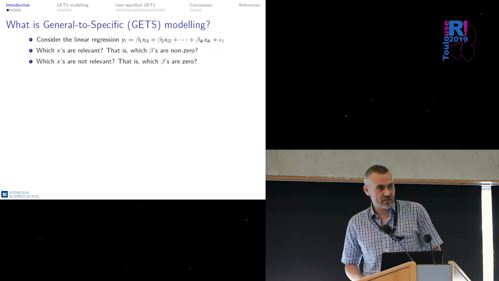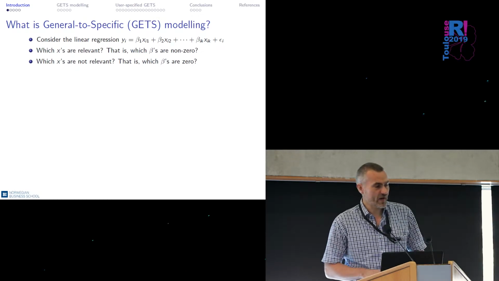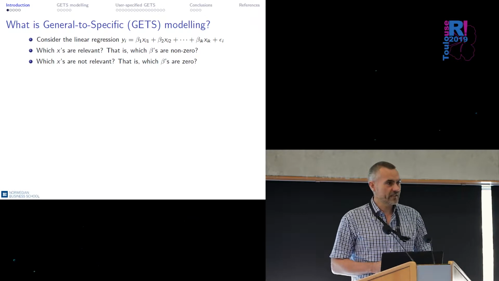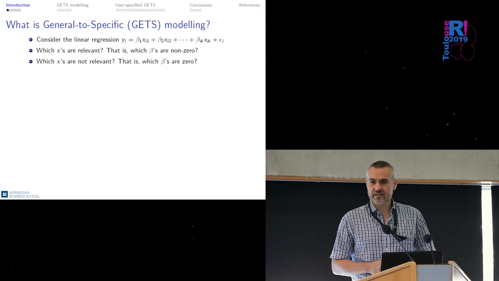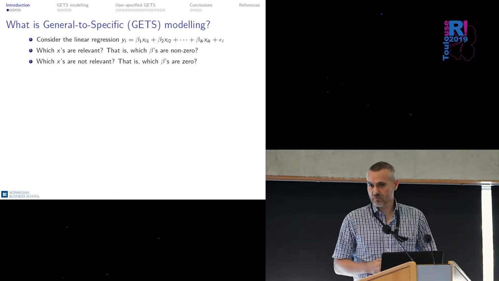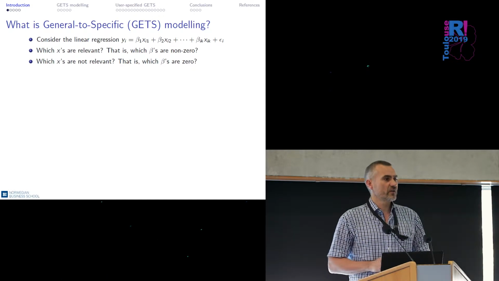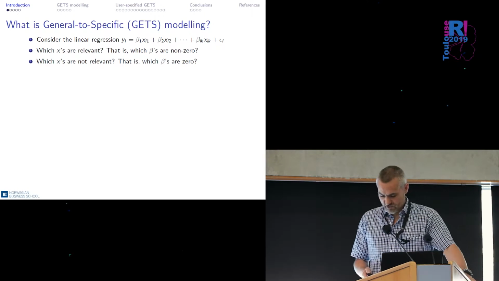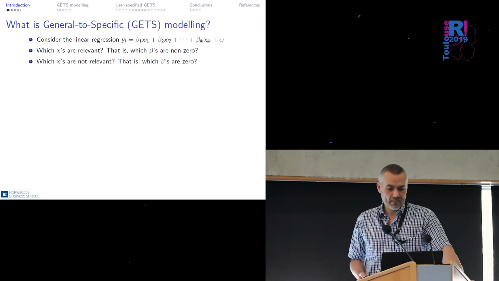A key challenge when you model: you have a set of regressors you would like to select among. You have your favorite left-hand side variable, sales or whatever, and you would like to find, ideally, the x's that matter, that have an influence on what you would like to model. And also you would like to exclude the regressors that don't matter, the ones that are not relevant. So this is model selection.